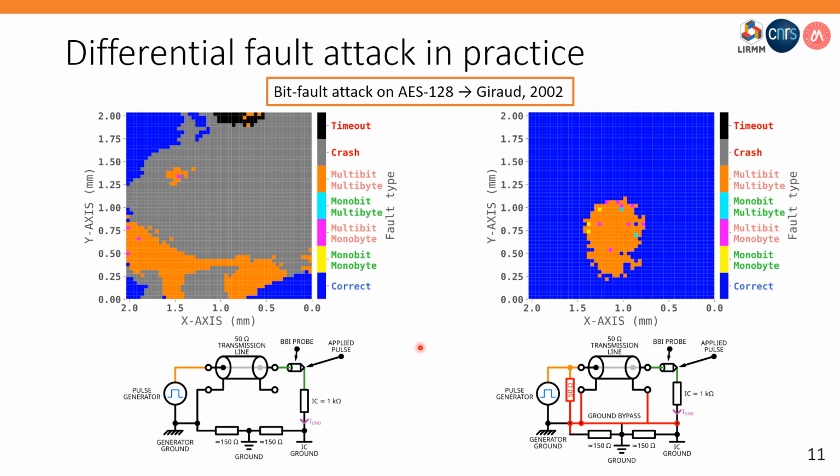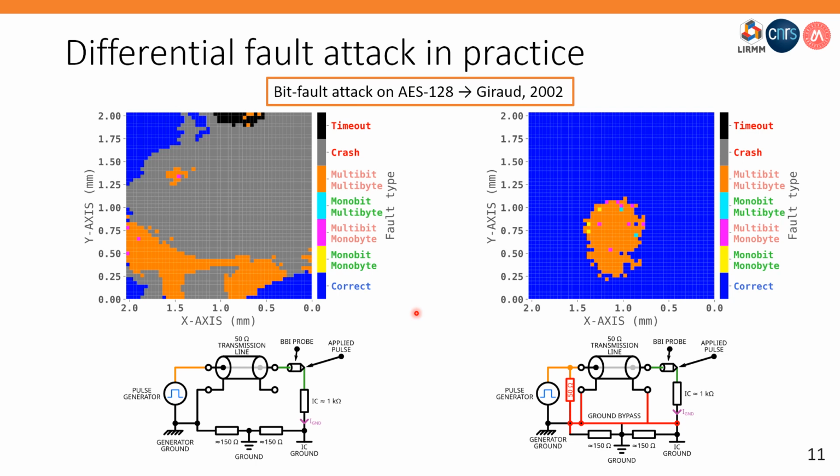However, because this attack requires very specific fault types, in that case single-bit and monobit or multi-bit faults, instead of measuring the minimal required current, we did a similar experiment as before, but we analyzed the fault type at each location just around the AES coprocessor, not on the entire IC. These are the two maps that I am presenting here.